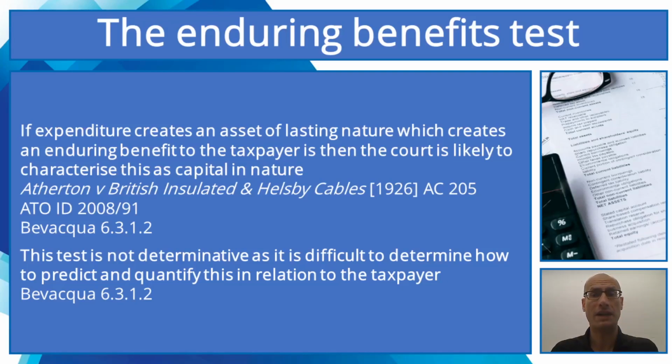And one of the challenges there is that it really goes back to the taxpayer themselves to try and work out subjectively what that benefit's going to be. And so as a result, it can be a little bit difficult, again, to use this test definitively to determine whether a particular item is capital or not. Ultimately, though, it is a useful tool for the courts to use for being able to categorize things one way or another, at least in the preliminary stages.